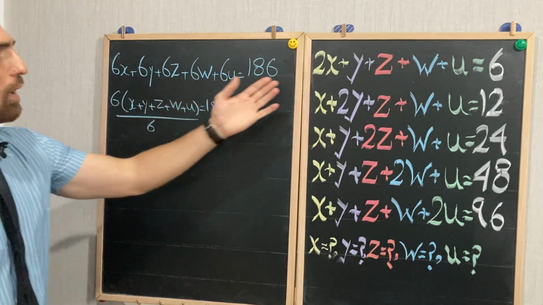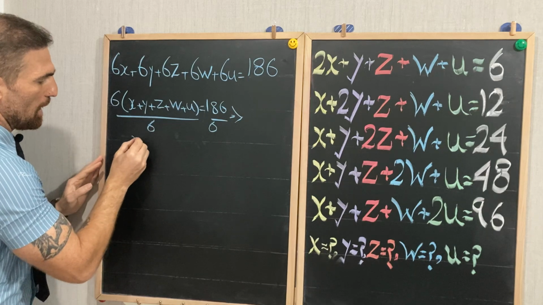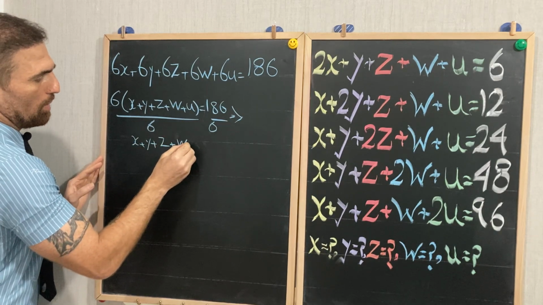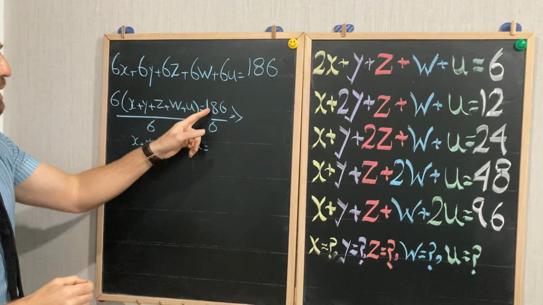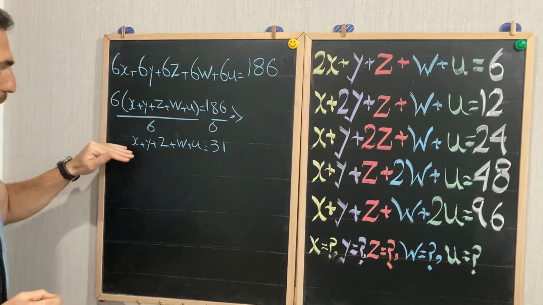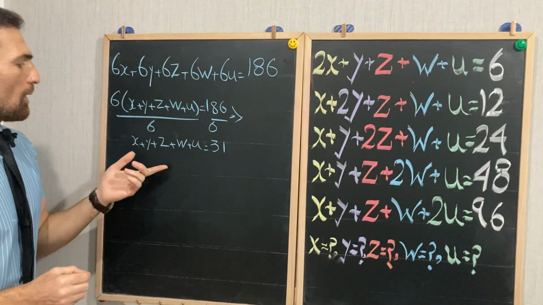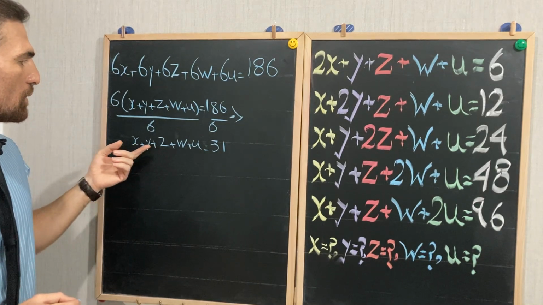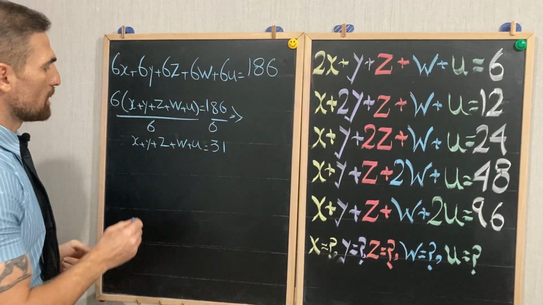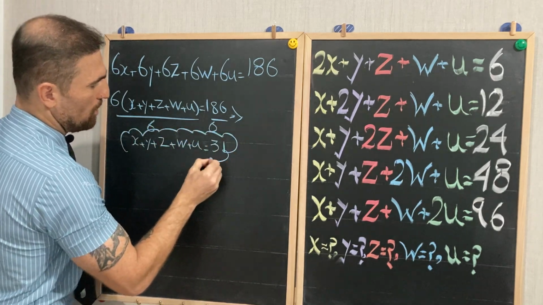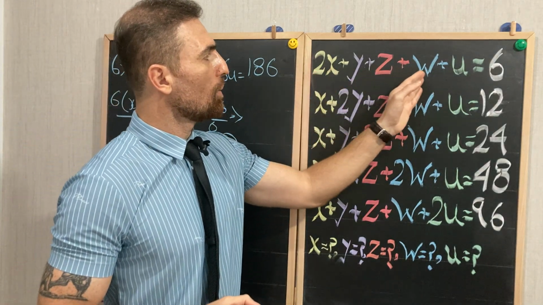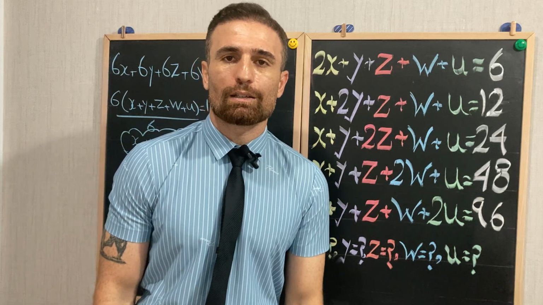The sum of all variables, which means x plus y plus z plus w plus u equals 186 divided by 6 equals 31. And this is the first information that we need to use. The sum of x, y, z, w, and u equals 31.